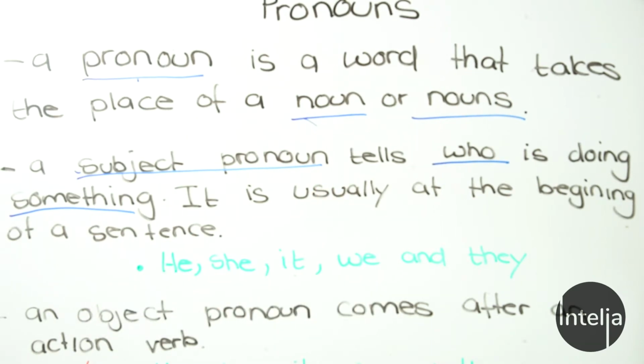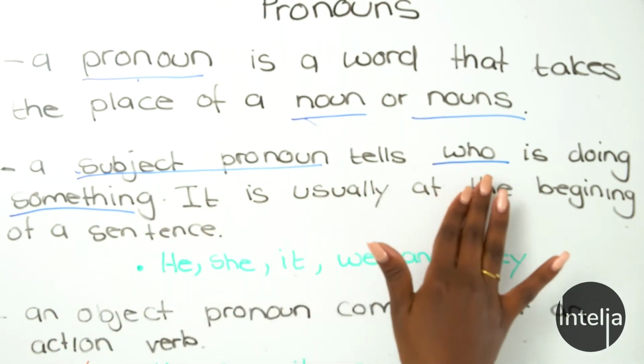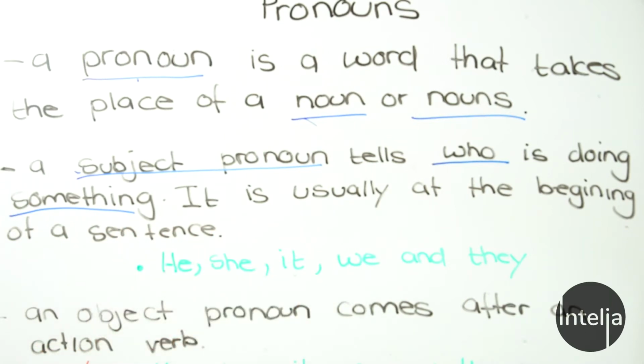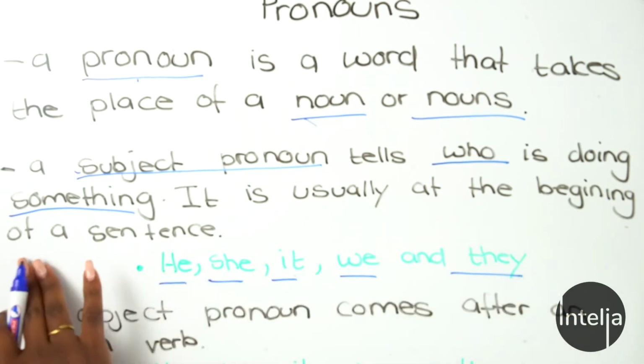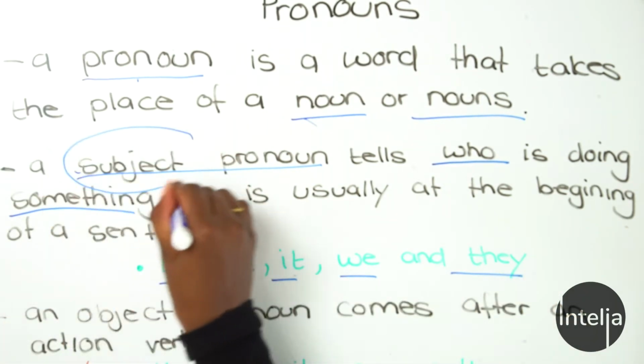We have a sentence that starts with the subject. It has an object and a verb. So a subject pronoun tells who is doing something. Like I said, he, she, it, we, and they. And it's usually at the beginning of a sentence, hence it being a subject pronoun, because the subject of a sentence is usually at the beginning of a sentence.